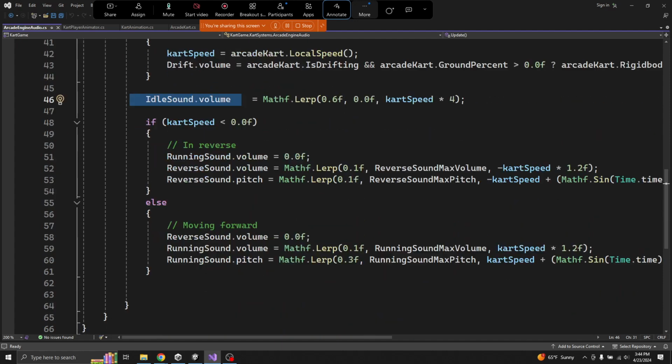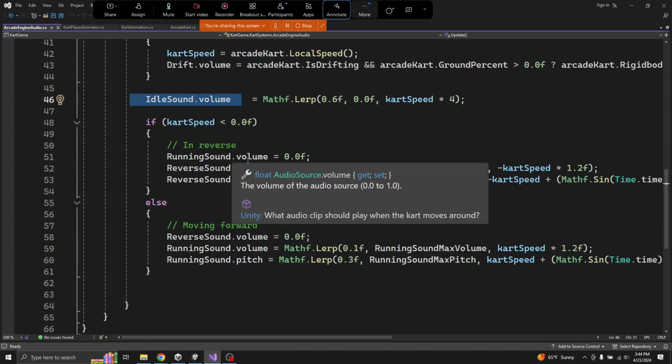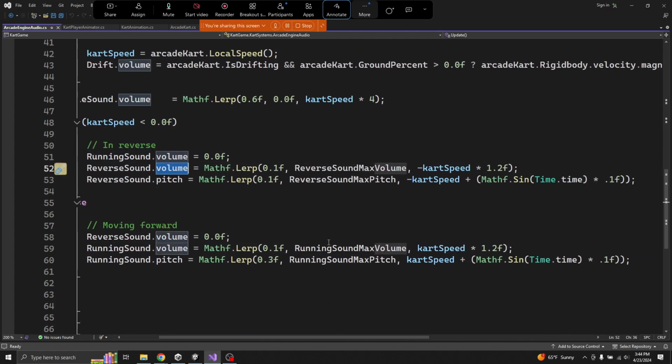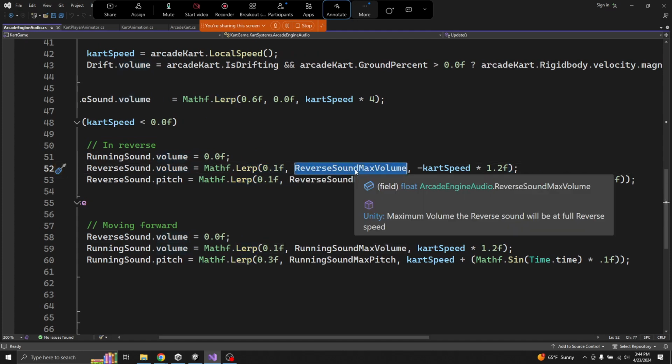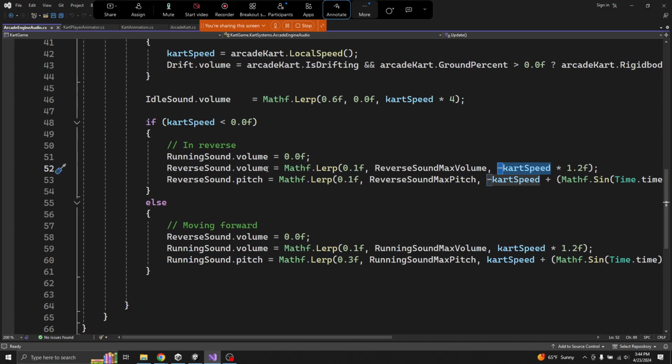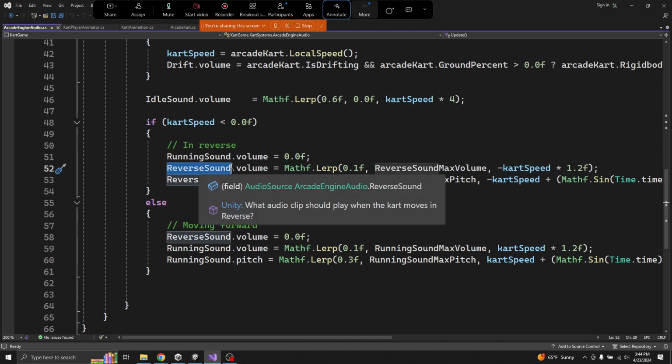So if it's in a reverse situation, our running sound is set to 0, and our reverse volume will be lerping up from 0.1 to whatever the max is. And you take that cart speed, you have to flip it back because it needs to be positive and multiply by 1.2 just to make it lerp quicker based on how much your reverse volume will go up.